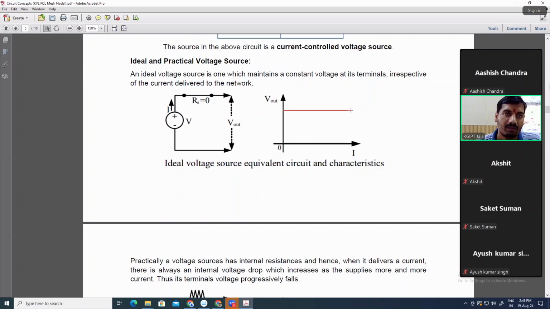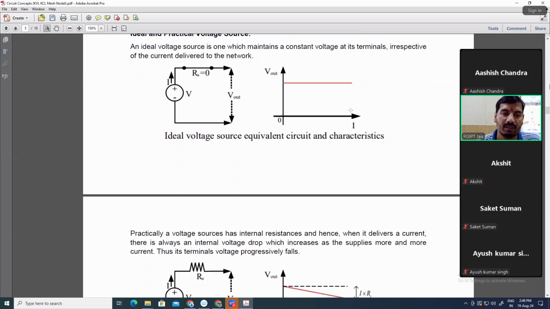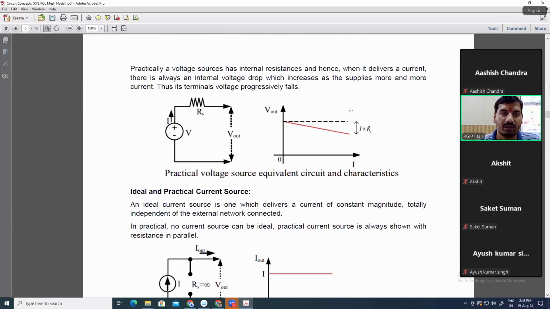This is the ideal voltage source, whereas in practical voltage sources, the internal resistance is connected in series with the voltage source and has some finite value. Due to that finite internal resistance, when the current increases, the terminal output voltage varies.